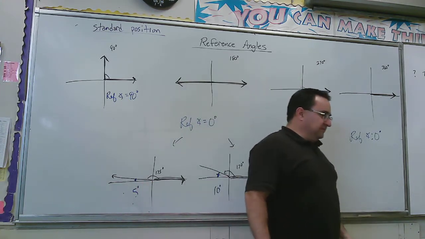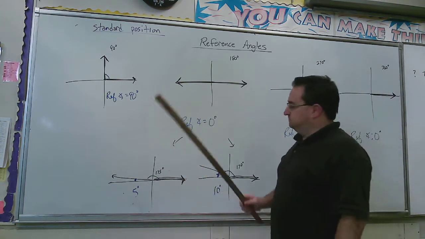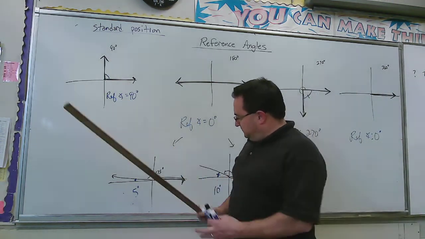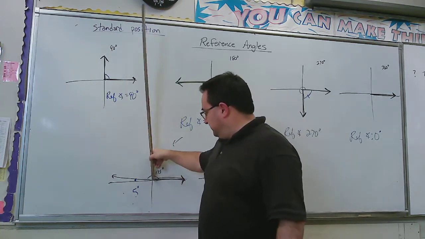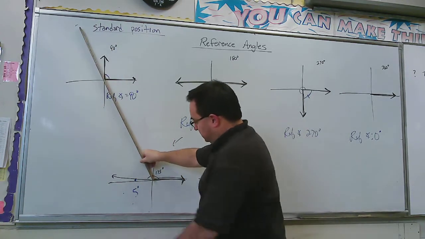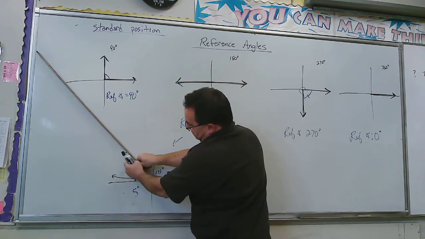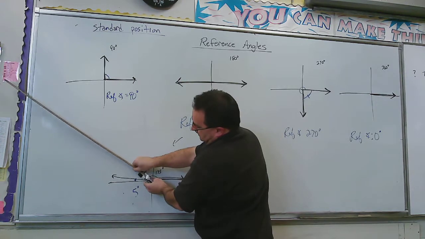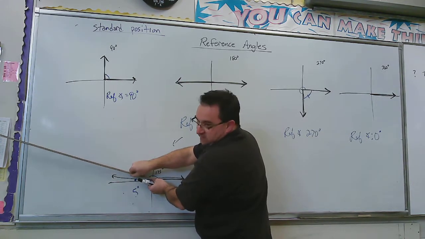So I think the best way to think of this is think of it in motion. Imagine this is staying put, and this is my terminal side, right? So if I was here, my reference angle, I don't know, maybe it's like 60. Now my reference angle is 50. Now my reference angle is, see how my reference angle is falling, falling, falling?